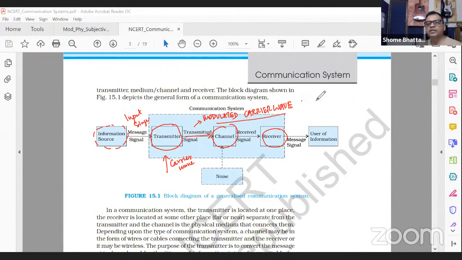Okay. And that modulated carrier wave can be amplitude modulated, phase modulated, or frequency modulated. 3 different methods. And then the receiver, addition of noise, all these things.